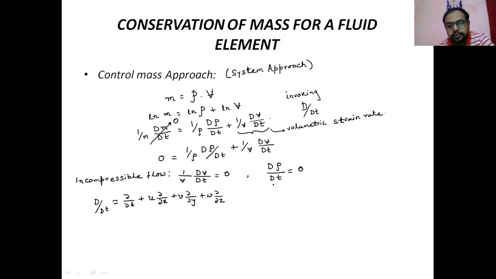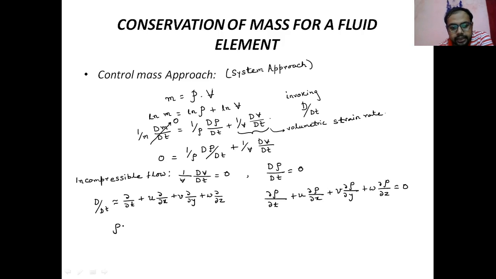So if you write it down, del rho by del t plus u del rho by del x plus v del rho by del y plus w del rho by del z equals zero. So for incompressible flow, that is the equation.